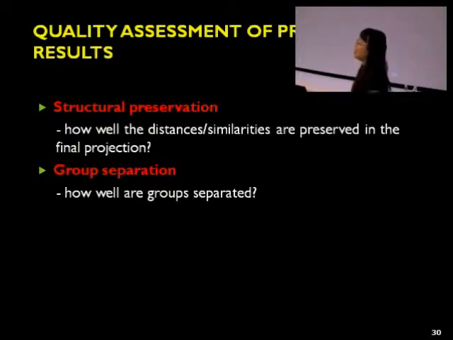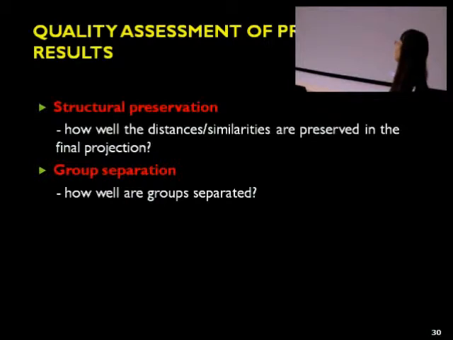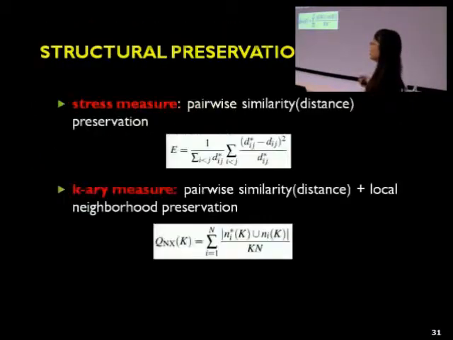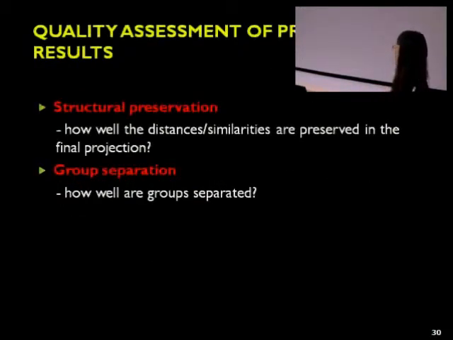And the second one, when we look for patterns in our visualization, is how well the groups are separated. If you have an overcluttered visualization, you may not be able to find these patterns. So sometimes we have to make a compromise between these 2. When you tune your algorithm to achieve better group separation, you have to somehow sacrifice the structural preservation of your projection.